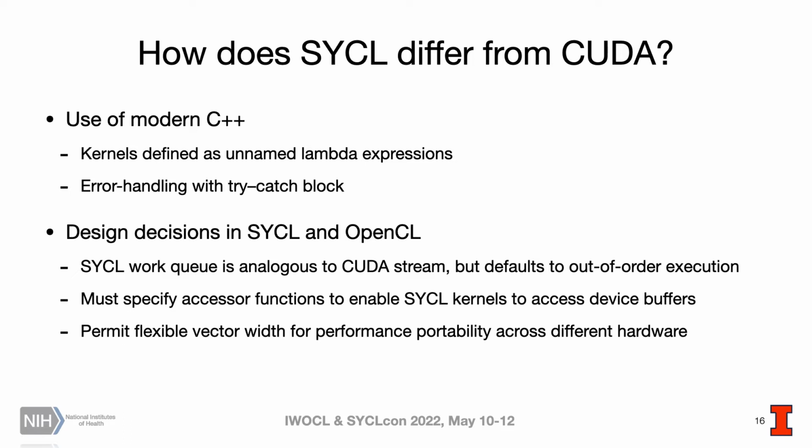The SYCL work queue is analogous to a CUDA stream, but it defaults to out-of-order execution. You must specify accessor functions to enable SYCL kernels to access device buffers. SYCL also supports a flexible vector width to produce performance portability across different hardware.